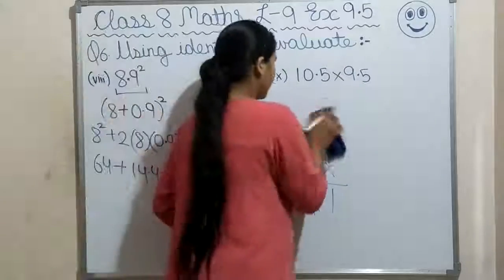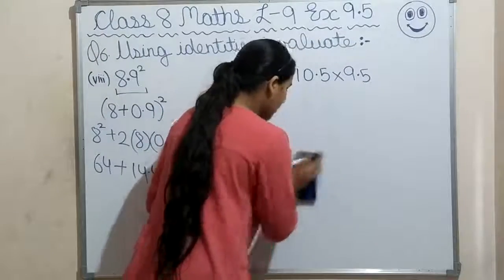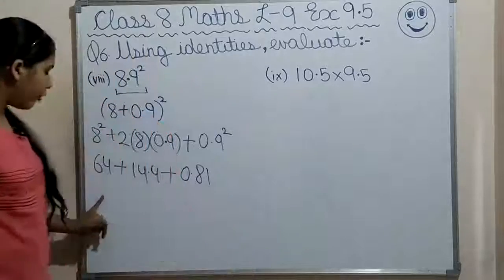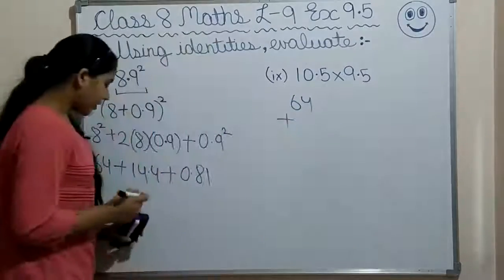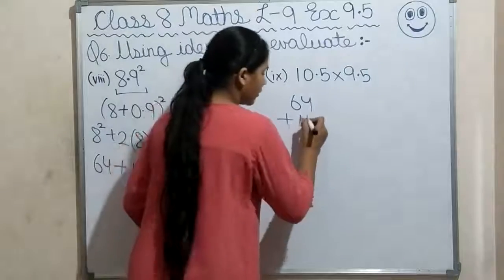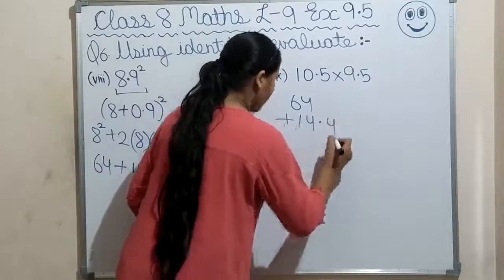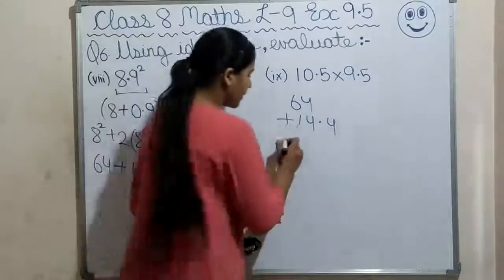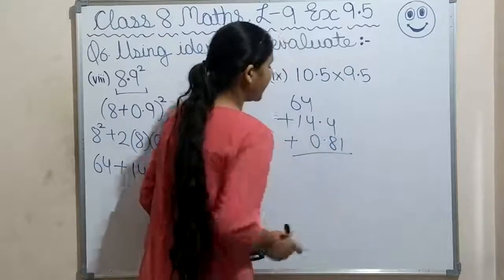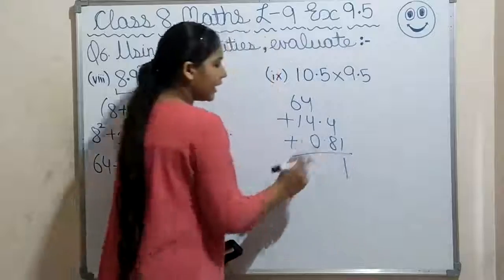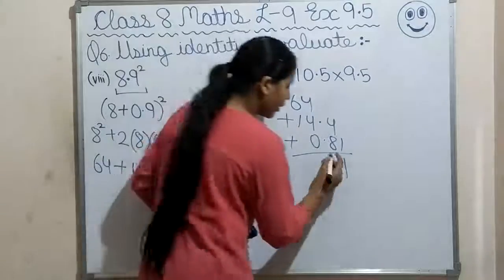First is 64, plus 14.4, plus 0.81. Here 1 as it is, 8 plus 4 is 12.